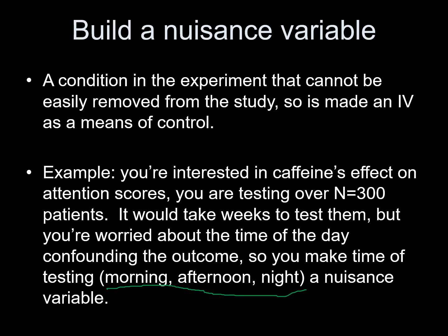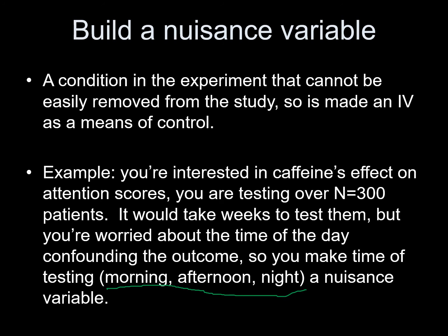Now, sometimes a nuisance variable may become something very interesting. For example, you could find that the effect of caffeine on attention is more pronounced in the morning, but not so pronounced in the afternoon, and becomes pronounced again at night.